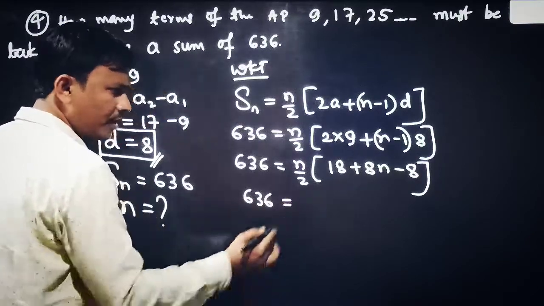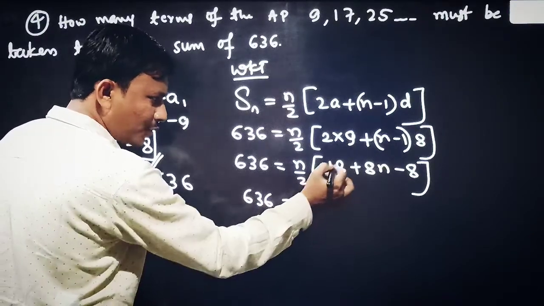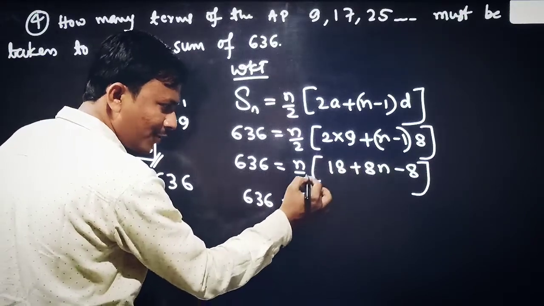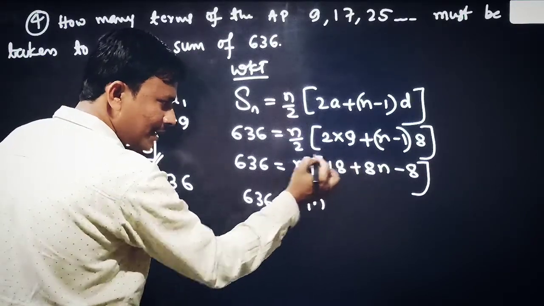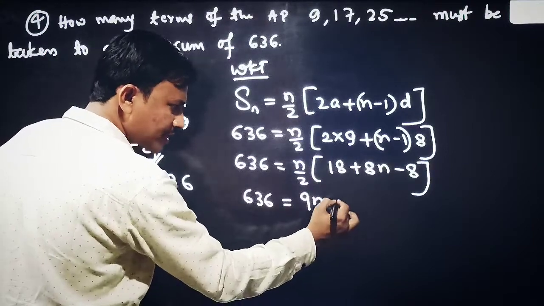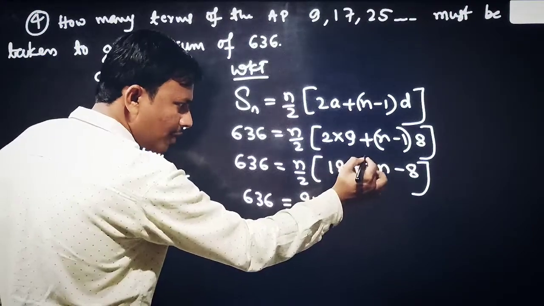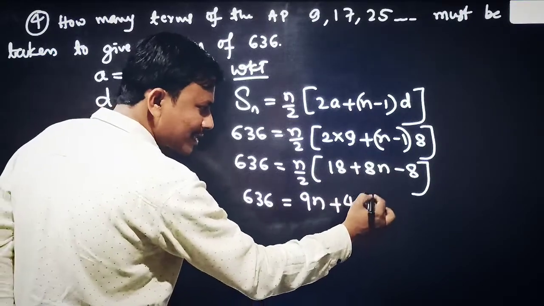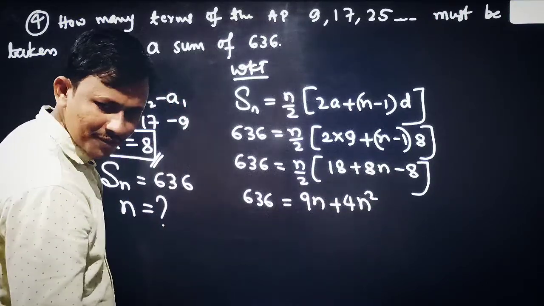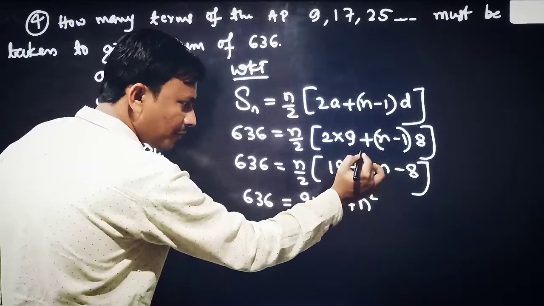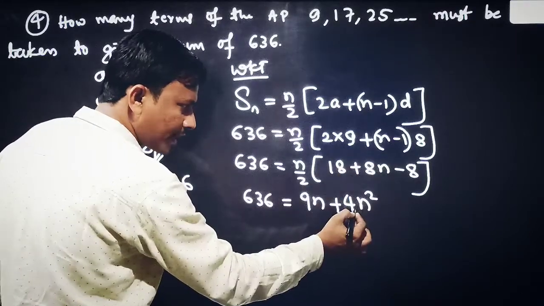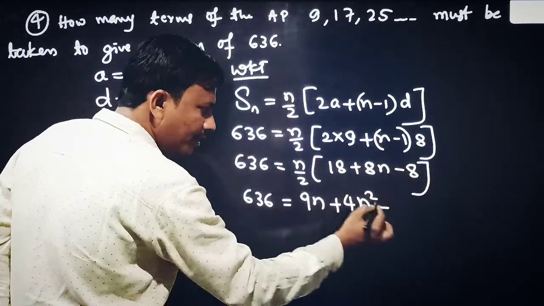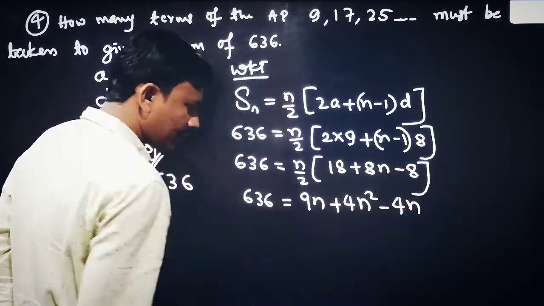Next, 636 is equal to 2 ones are 2, 9 into n, 9n, plus 2 ones are 2, 4s are 4n into n, 4n square. Understood? 2 ones are 2, 4s are 4n into n, 4n square. Next minus 2 ones are 2, 4s are 4 into n, 4n.